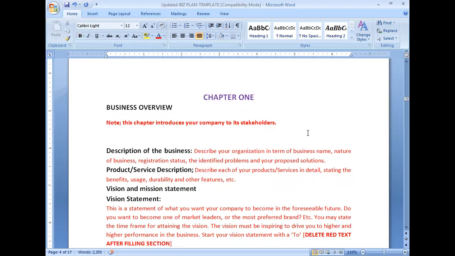Then also, you need to state the problems that you are solving, or the problems that your business intends to solve. Like someone who is into the fashion business, one of the identified problems in that industry is that a lot of fashion designers, fashion stores, or fashion houses are used to disappointing customers.